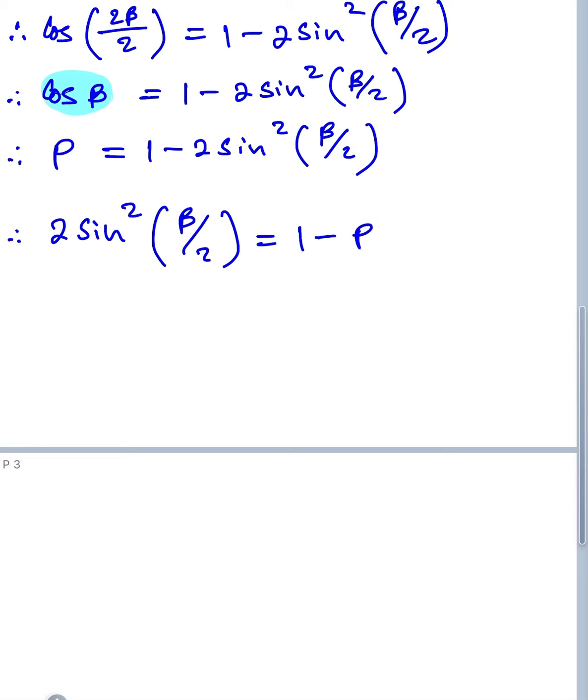If you transpose anything, remember, it changes the sign. So this is sine squared of beta divided by 2, and you divide everything by 2, so it's going to be 1 minus p over 2. Remember, what are you looking for? You are looking for sine of beta over 2.